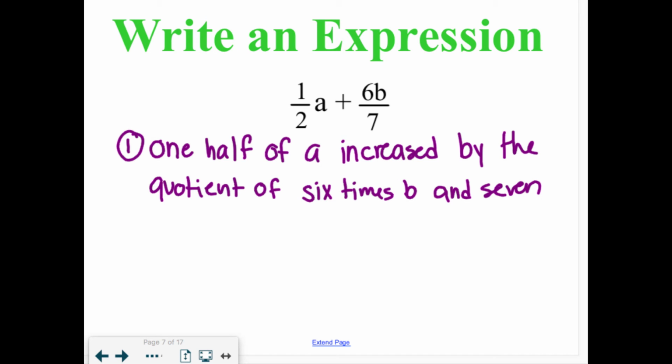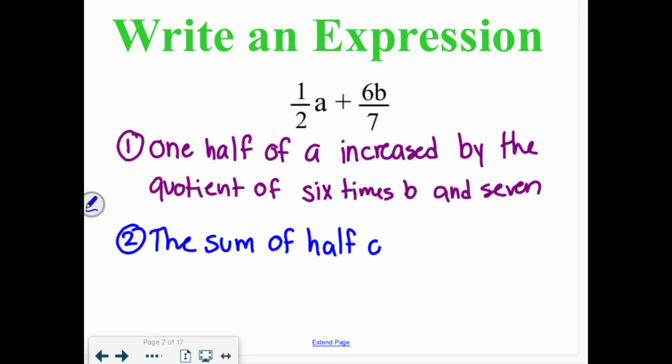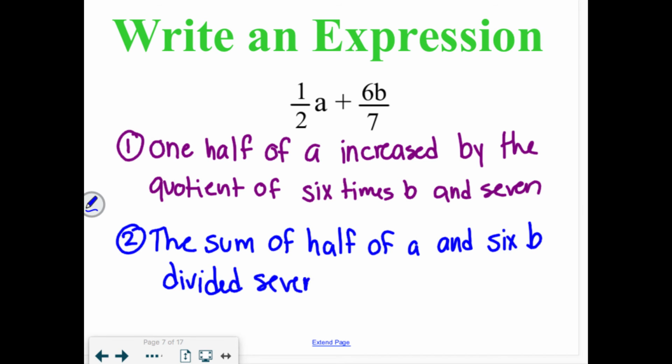Another example of how this could be written out would be the sum of half of A and 6B divided by 7. Again, this is not the only way that you can write this out.